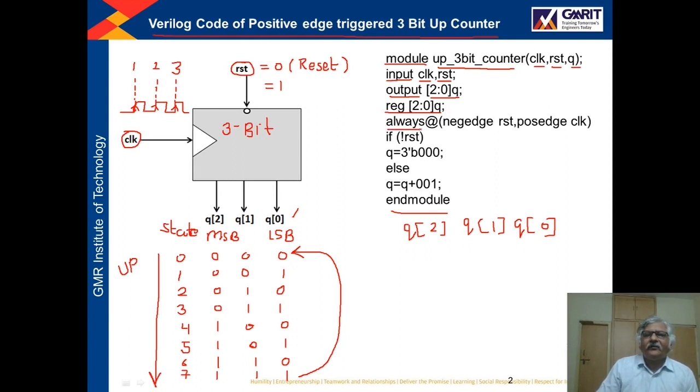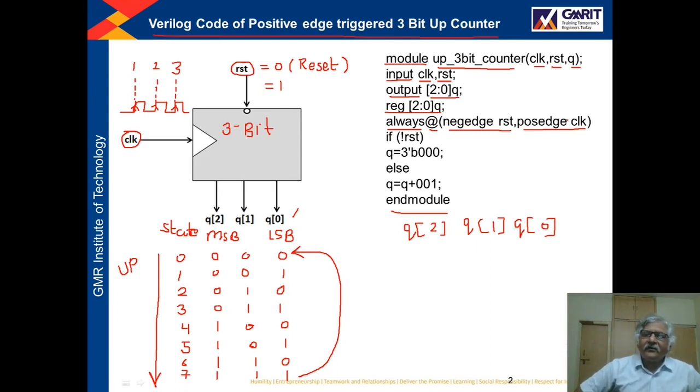Then always @, and here we have two signals in the sensitivity list of the always block. One is negedge RST, another is posedge CLK. So negedge RST will detect the negative edge on the RST signal, and posedge CLK will detect the positive edge on the CLK signal.